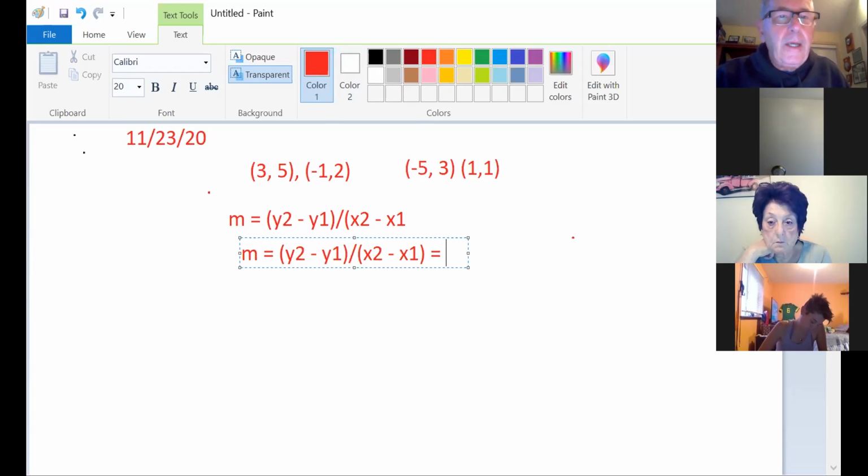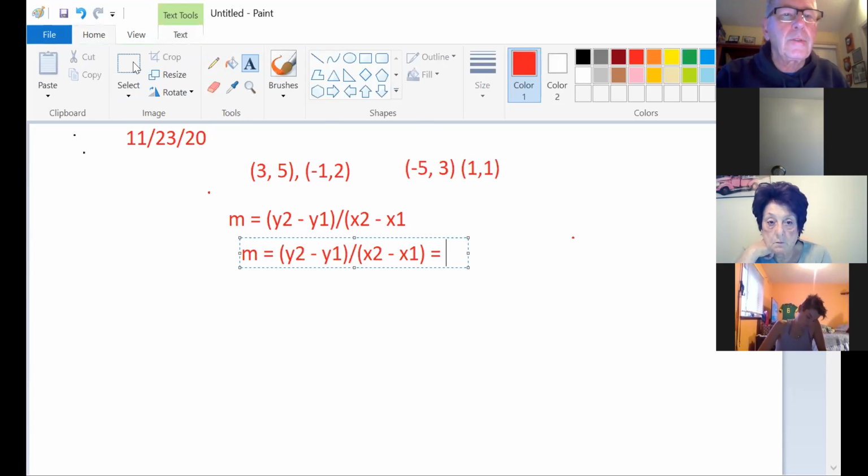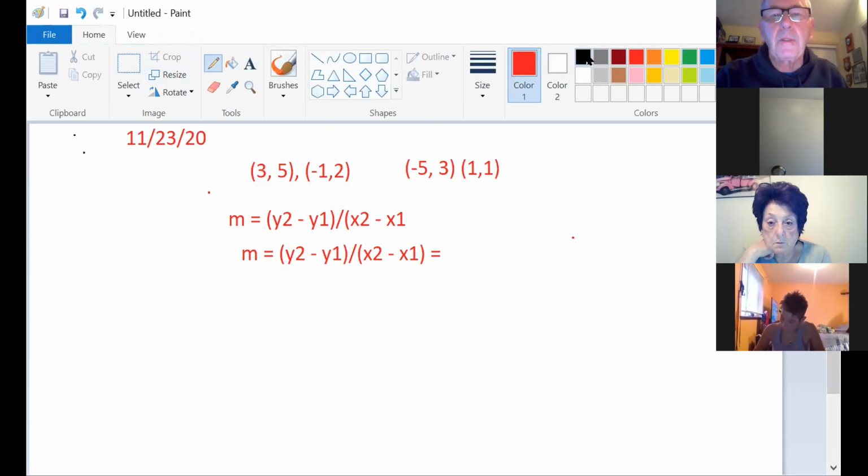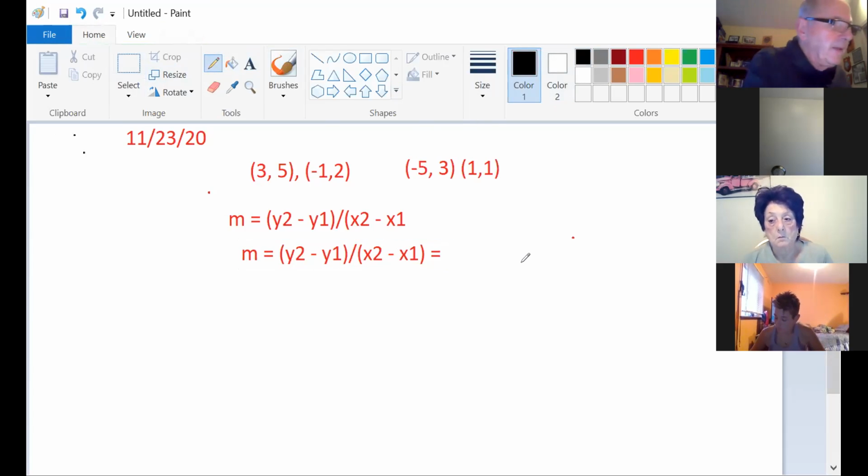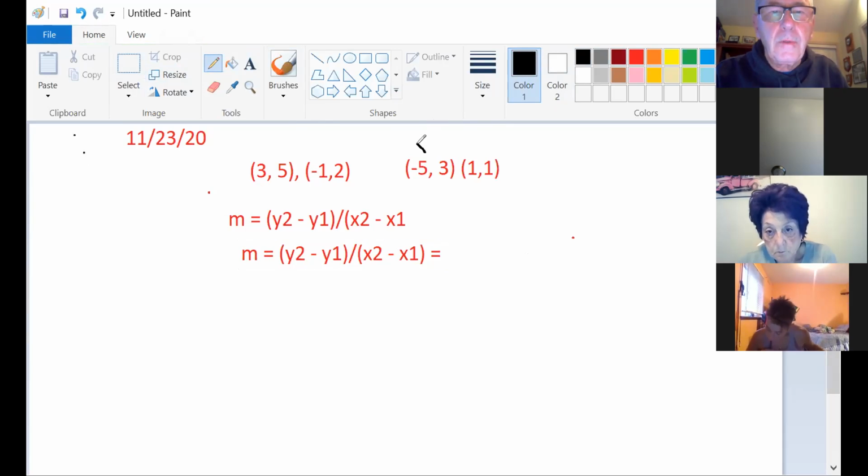This is the x value, just so you don't get confused. I get confused when I look at these things, that's why I like to take my time. So that's x1, that's y1, that's x2, that's y2, right?